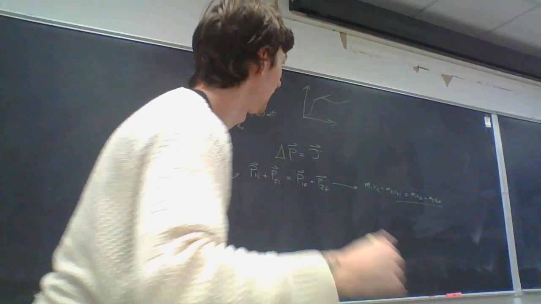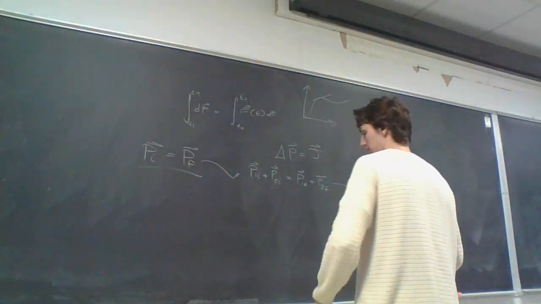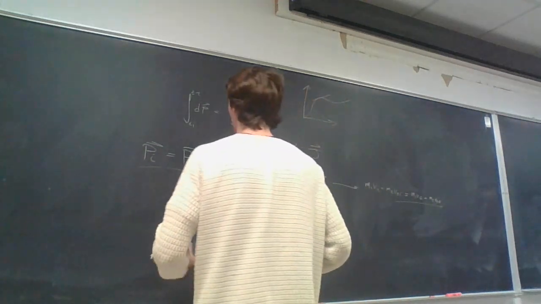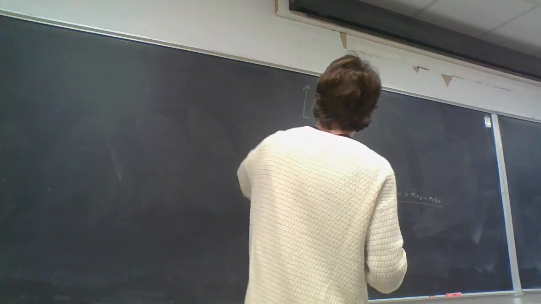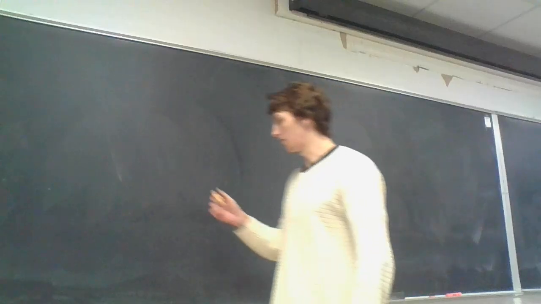So the idea is, say you had, let's just do a quick problem because we're just about out of time. So say we have two pool balls. Good old billiard ball problem.